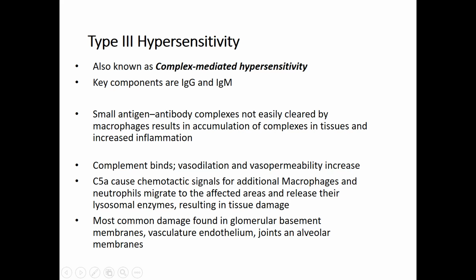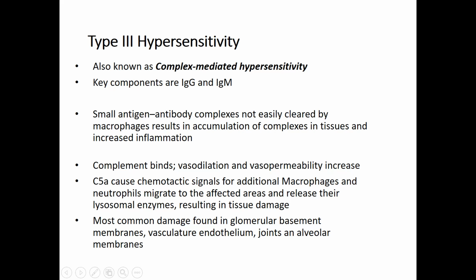Some of the things that happen when complement binds into that complex: vasodilation, the vasculature opens up wide. The vasculature becomes more permeable, so cells are able to move out into the tissue space more easily. And one of the components of complement called C5a is chemotactic, and we know that is a signal calling for cells to move into the area.